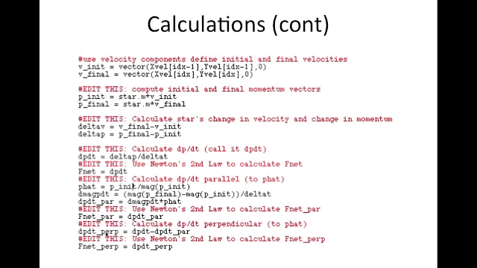We can find the perpendicular component by knowing that the perpendicular component of the force plus the parallel component of the force will be equal to the total net force acting upon this star. This is also equal to its F-net.